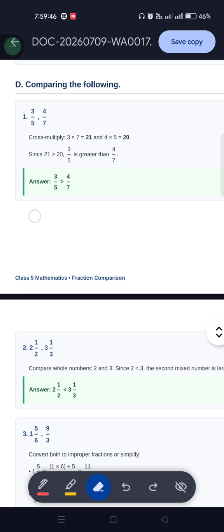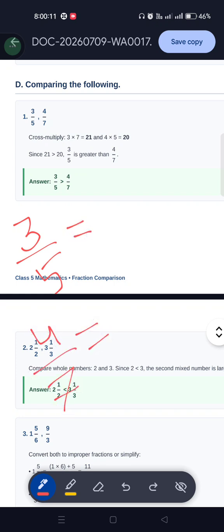Now see, you have to compare these two fractions, 3 upon 5 and 4 upon 7. In this situation, when you need to compare any two fractions, what will you do first? You will make the denominators of the fractions the same. So how will you make the denominators the same?